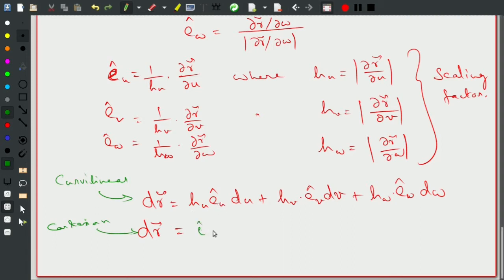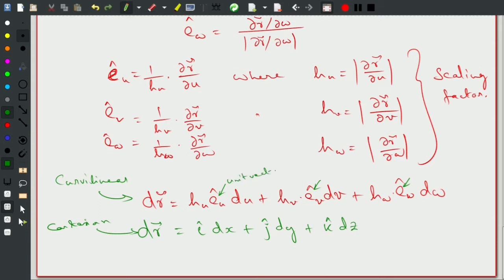So dr vector equals i cap dx plus j cap dy plus k cap dz. We can see this is a unit vector, this is a unit vector, and this is also a unit vector. So these are unit vectors in the curvilinear system, right? So they are a general system.